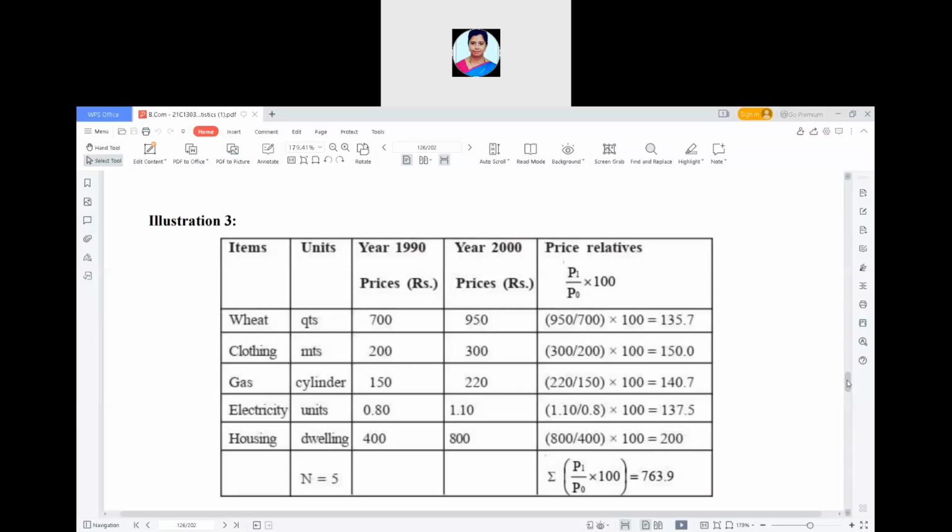And then similarly in clothing, we are considering different commodities with different units. So clothing we have is 300 by 200 into 100. So this is 150, so a 50 percentage increment. The previous one was an increment of 35.7 percentage.